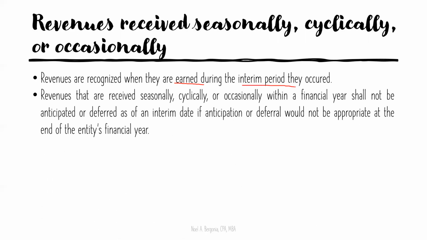Okay, so revenues that were being received seasonally or cyclically or occasionally within a financial year should not be, take note of this, anticipated or deferred as of the interim period if anticipation or deferral would not be appropriate at the end of the year. What is appropriate po kasi is to record it at the period when it is being earned. Okay, so we do not anticipate or defer for it, no?